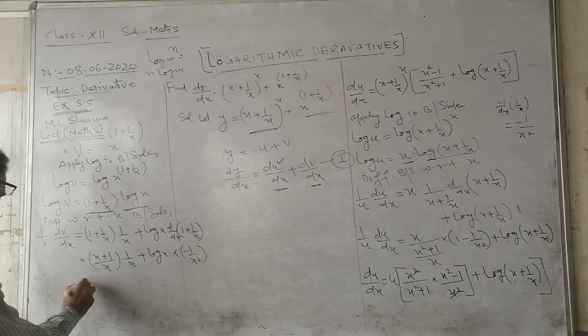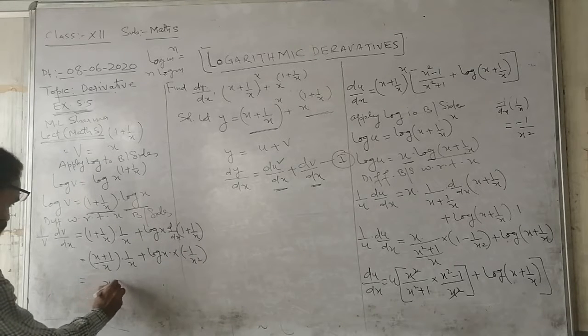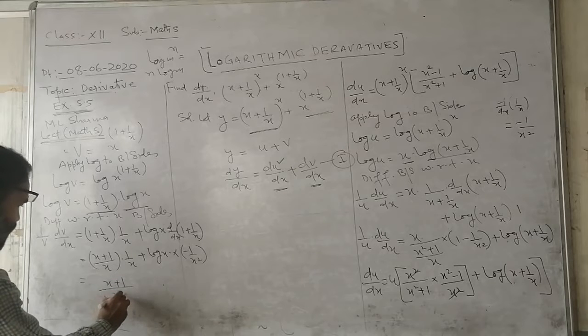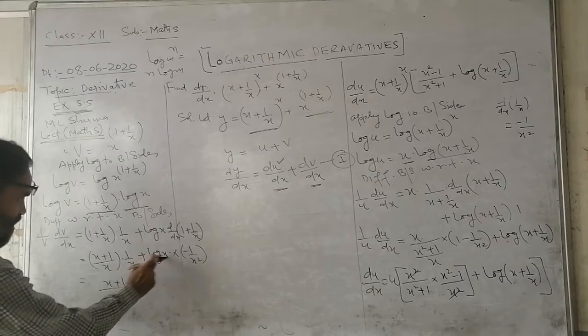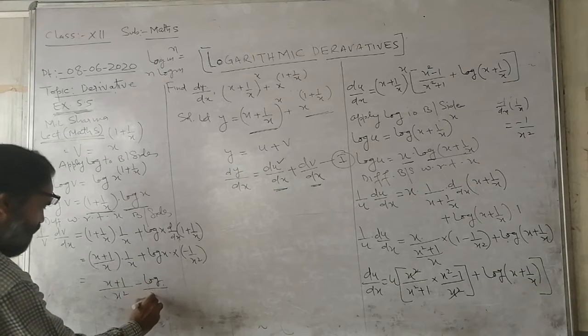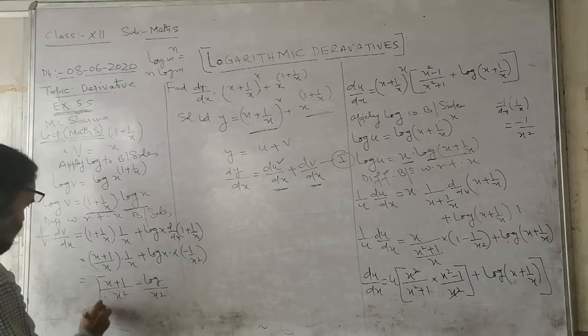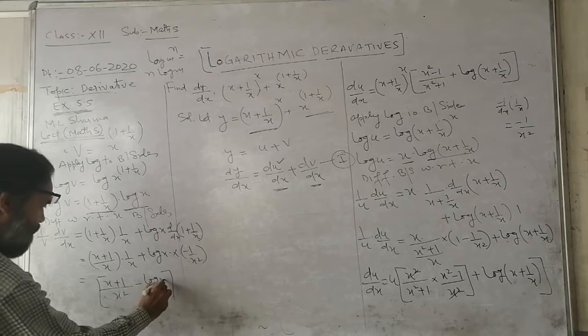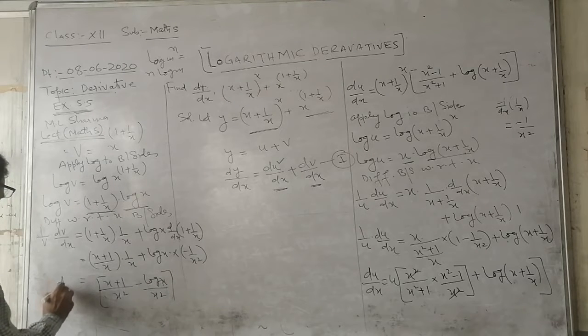So I can write this as x plus 1 upon x square plus into minus will give me minus log of x square here.